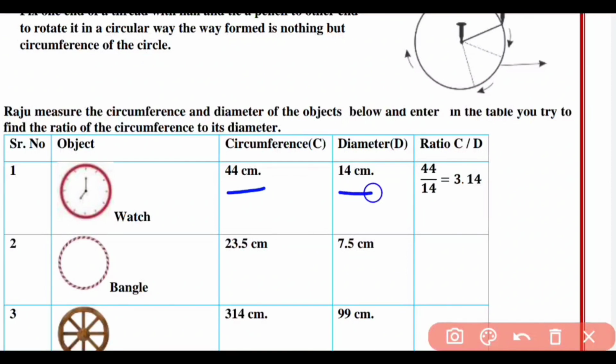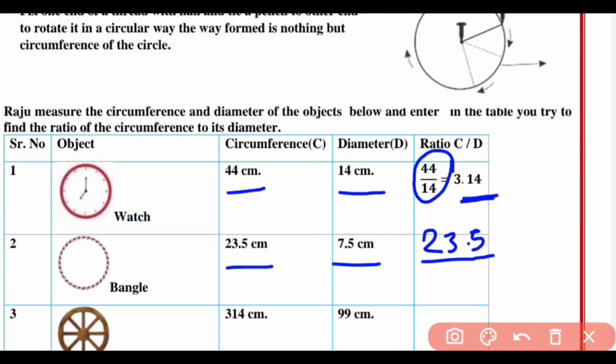He has measured the diameter of the watch, which he got 14 centimeter, and the ratio of circumference upon diameter, 44 upon 14, the answer he has got 3.14. Same way you have to do here. 23.5 is the circumference of the bangle upon diameter of the bangle 7.5. The answer will be approximately 3.14 again.